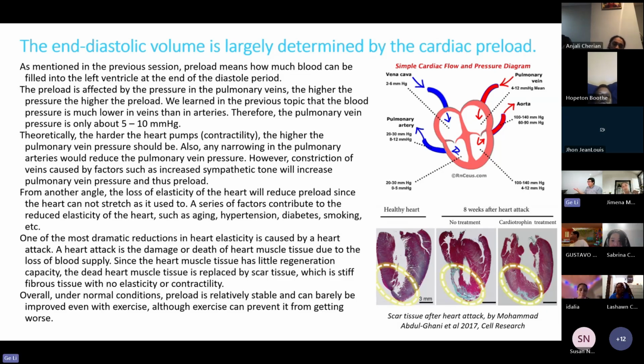It happens a lot, right? But in the heart, whenever there is an injury, the heart has a very low capacity of regeneration. A small injury will result in permanent scar tissue.